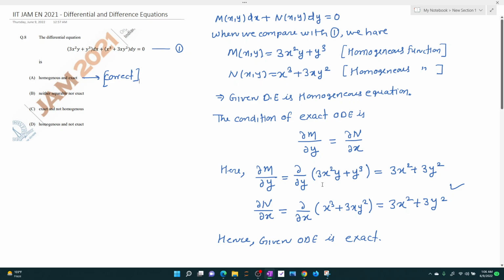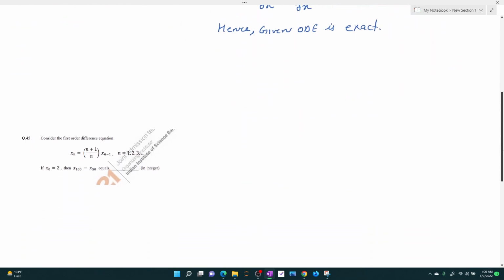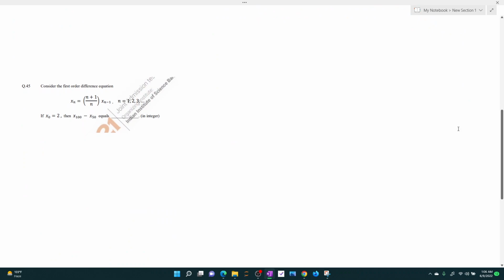Okay. So now let's move to the second question, which is question number 45. This question belongs to difference equations. It is not a differential equation, but this question is of a first order difference equation, right? So here given to us is the value of x_n is nothing but (n plus 1) upon n multiplied with x_(n minus 1), right?